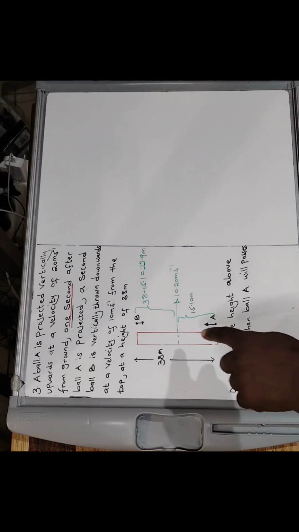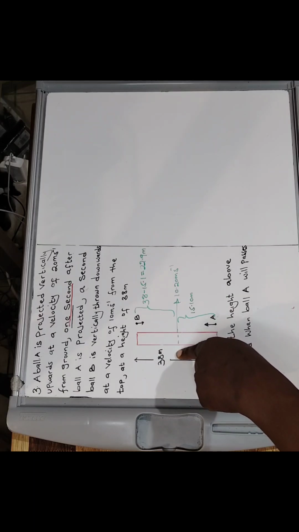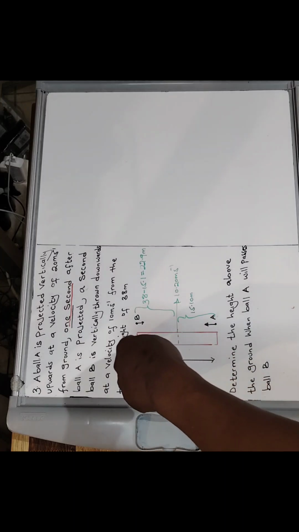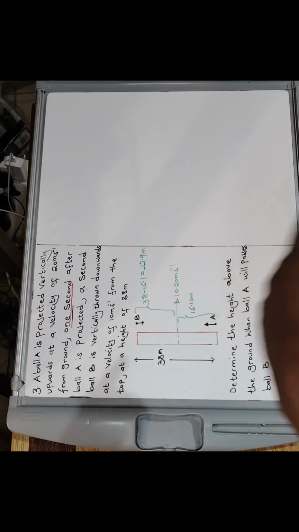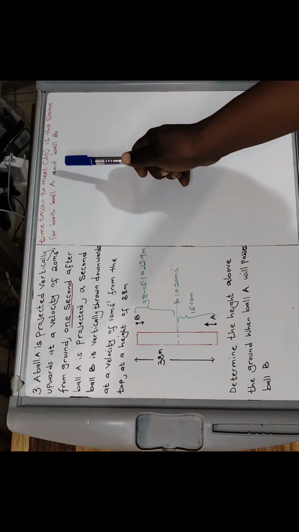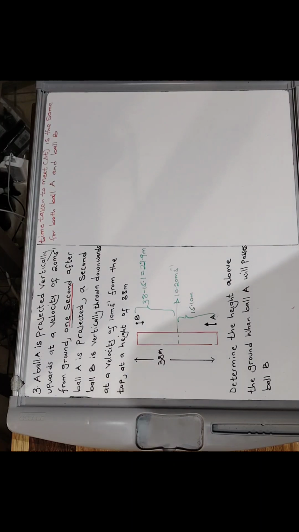The time taken to move from this point, which is 15.1, is going to be the same time moved by ball B to the meeting point. So time is the common factor for both balls. We say time taken to meet or pass is the same for ball A and ball B.